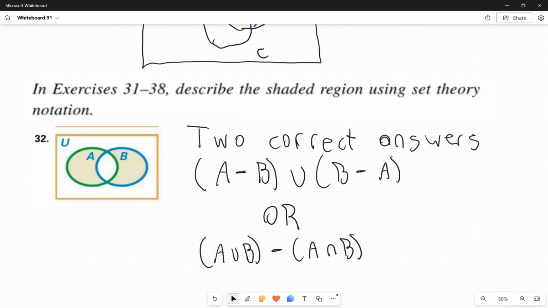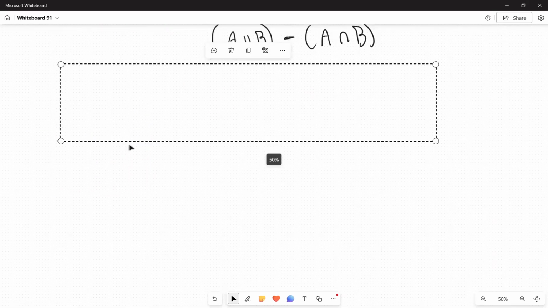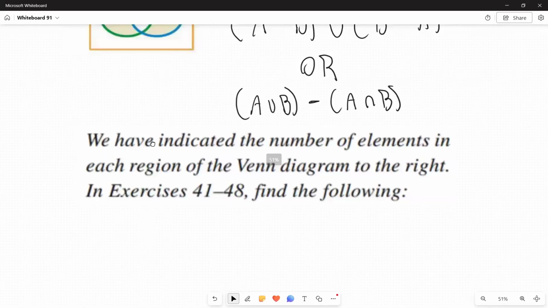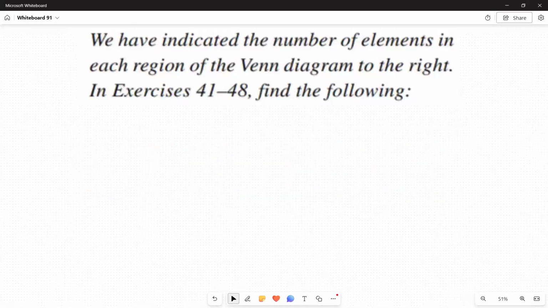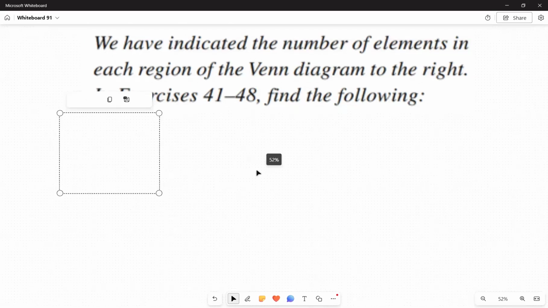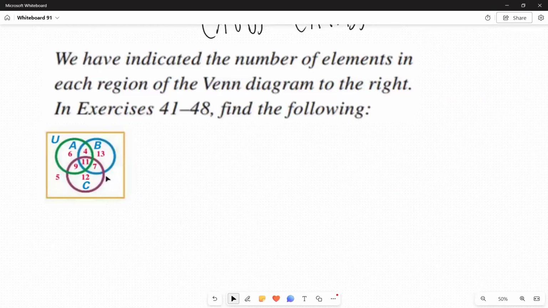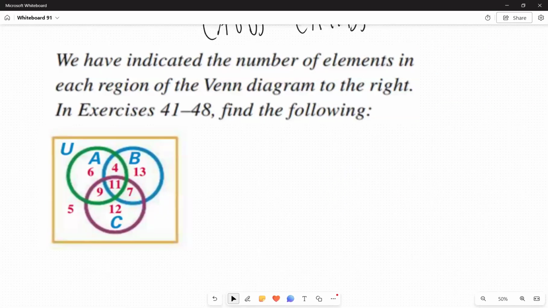So again, it's everything from the same page. Okay, so we have a Venn diagram, and the numbers inside the regions are the number of elements in each region. And I'll do a couple of those.